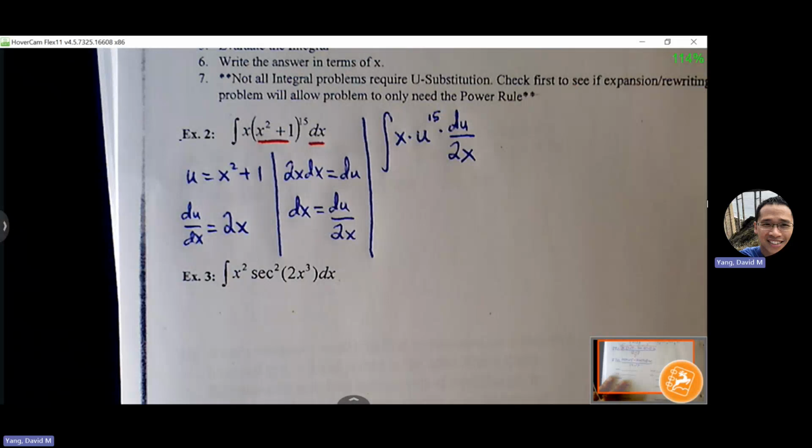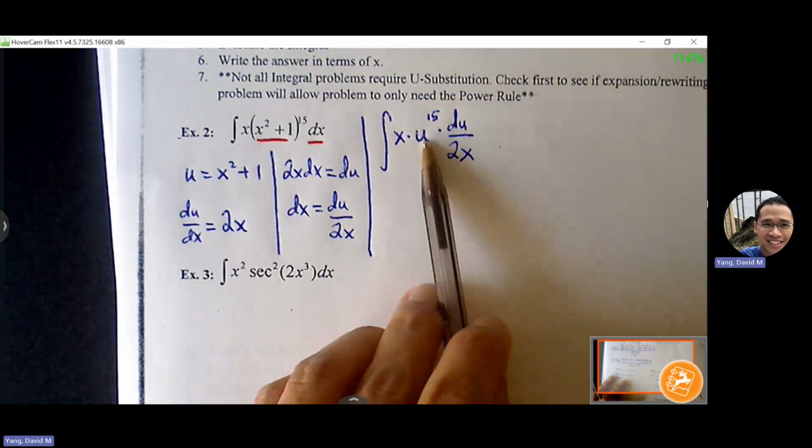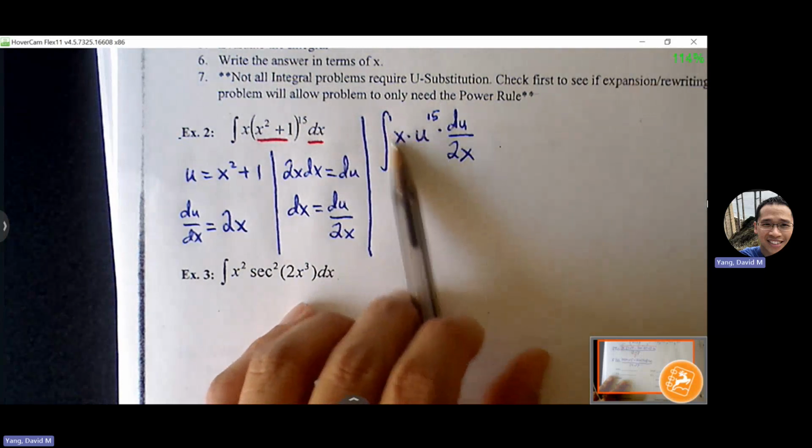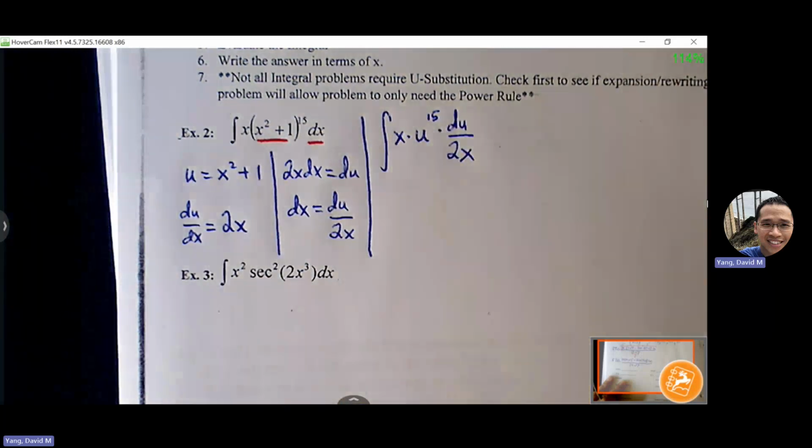Now, if I cannot get the x's to go away, that's an issue. Okay, we cannot move forward in the problem unless we can resolve all the x's. Okay, we cannot split up a problem and say, okay, power rule here, plus c, and end the problem. Okay, if the x's do not cancel out, we have to revisit the problem and see what we can do to get that cleaned up.